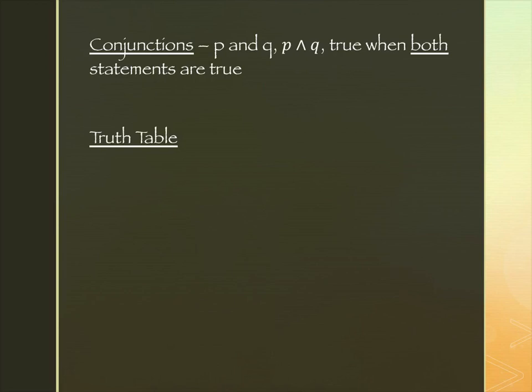So it's that upside down V, or it looks like part of a letter, capital A. A conjunction is true when both statements are true. And we're going to use an example to help us create the truth table.